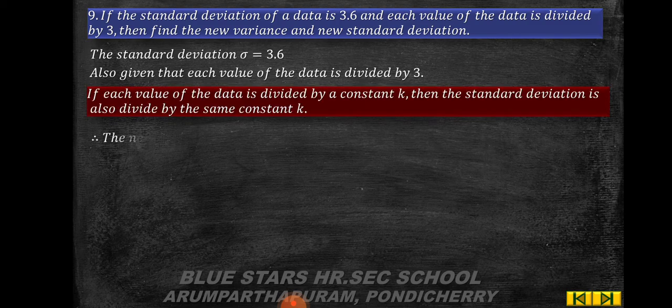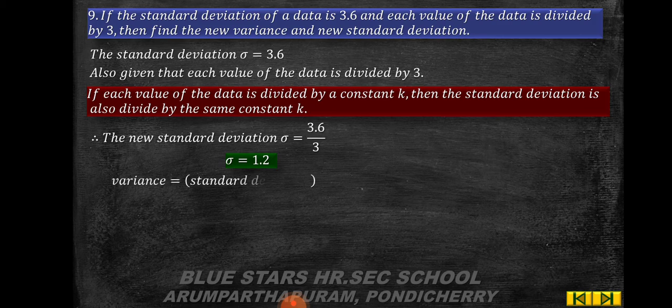If each value of the data is divided by a constant k, then the standard deviation is also divided by the same constant k. Therefore, the new standard deviation sigma is equal to 3.6 by 3, which is equal to 1.2. So, the standard deviation is 1.2. So, variance sigma square, that is standard deviation square, is equal to 1.2 square. So, 1.2 square is 1.44.